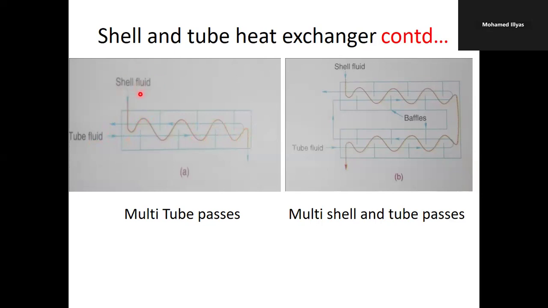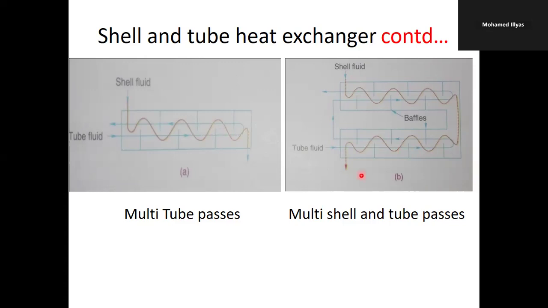On this diagram, the shell fluid has only one pass. We can also increase the number of shell passes, so we'll have multi-shell passes. This arrangement shows that we'll have multi-tube passes and multi-shell passes, which will have a relatively higher heat transfer rate compared to multi-tube passes alone.